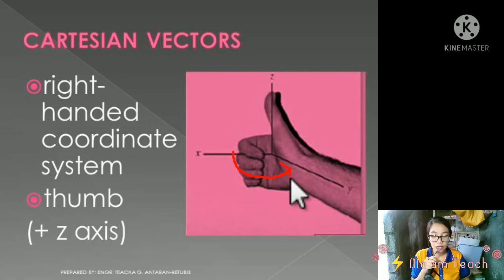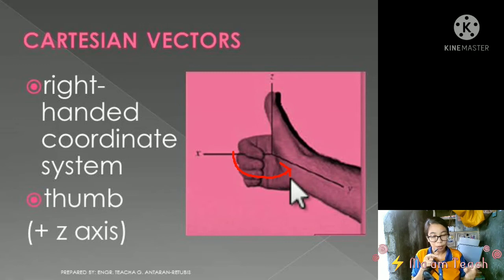But then, class, there are books that use a different arrangement of the x, y, and z axes. Take note of that, class. There are books where the thumb represents the y-axis, and this one is the z-axis. So there can be some confusion, so just be aware of it.